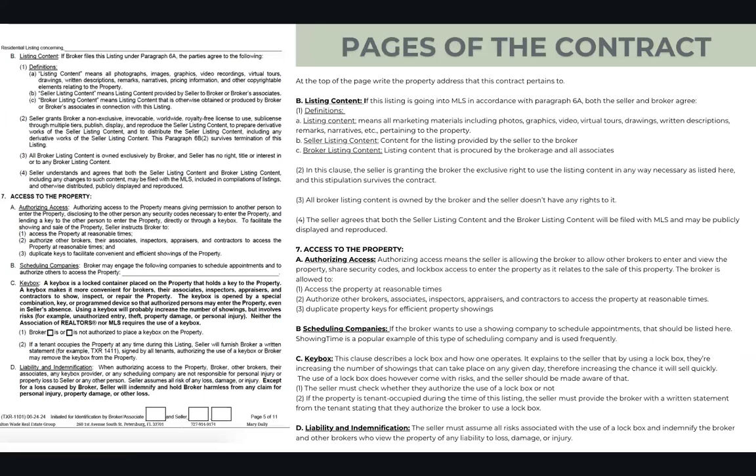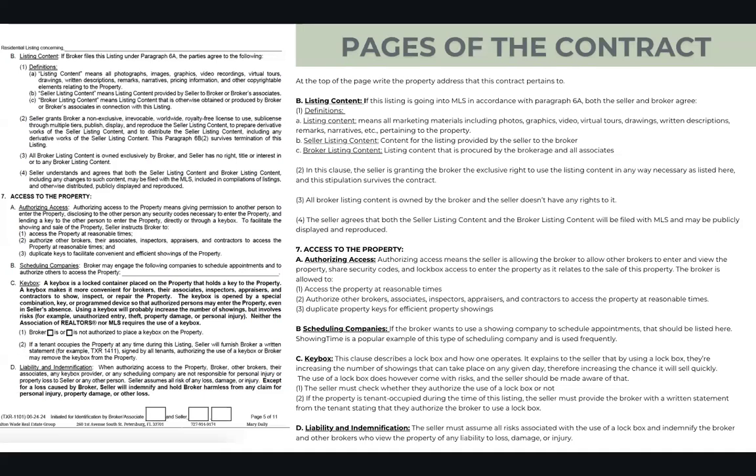Listing content. So if this listing is going into MLS in accordance with paragraph 6A, both the seller and broker agree on these definitions. So listing content means all marketing material pertaining to the property. Seller listing content will be everything provided by the seller to the broker, and broker listing content will be listing content that is procured by the brokerage and their associates.